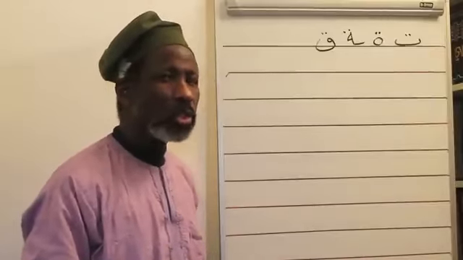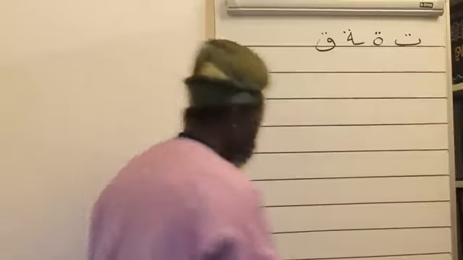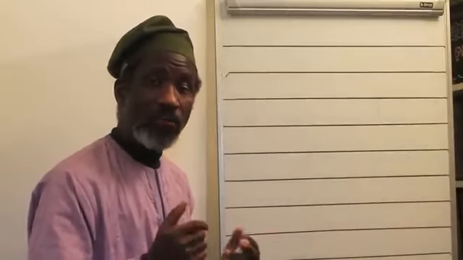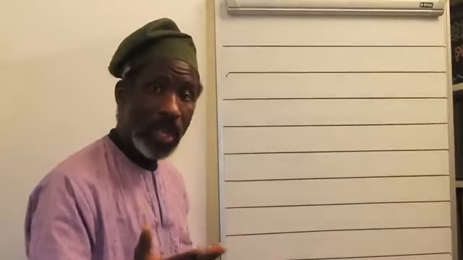Now let's look at two dots below. How many? I'm sure there would be only one I can think of. Alif, ba, ta, tha, jim, ha, kha, dal, dhal, ra, zain, sin, shin, sod, dod, to, dha, ain, ghain, fa, qaf, kaf, lam, mim, nun, ha, waw, ya.